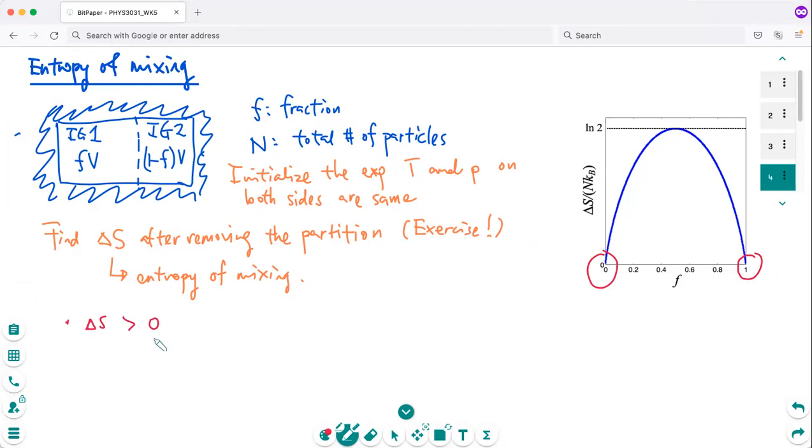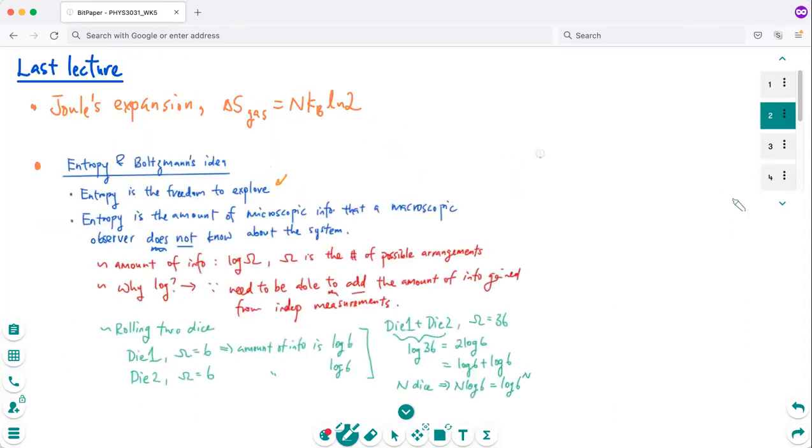Otherwise your delta S is positive. That is to say, this mixing process is not reversible, but it's actually deeper. What is deep about this is we have to look at whether the system is distinguishable, just like the question of the two dice.